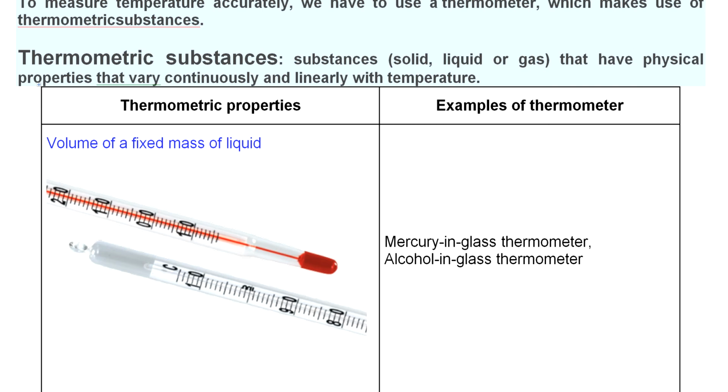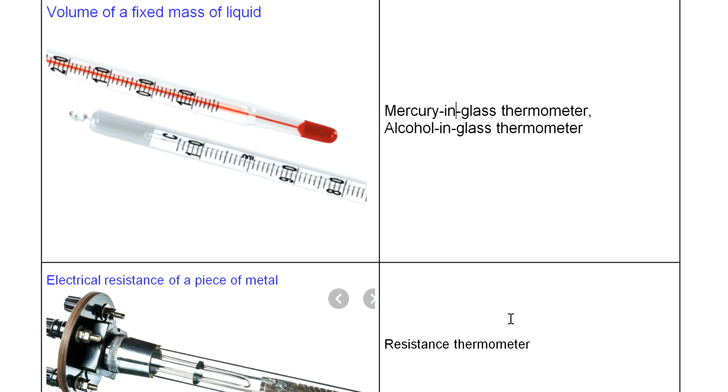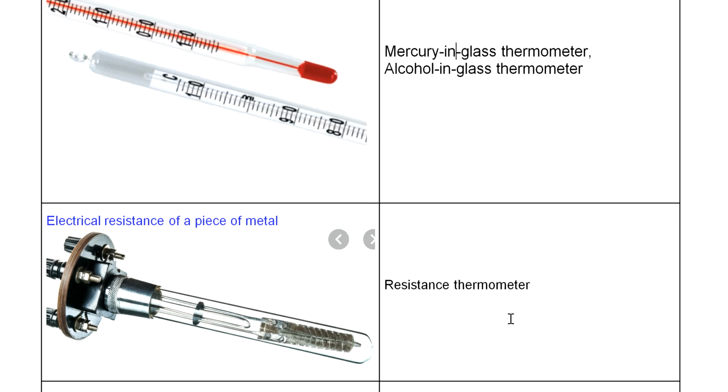So students, if we see next, there is another type of thermometer being represented, that is called electrical resistance of a piece of metal. Students, in this resistance of the thermometer will change. Resistance is a factor which changes the magnitude of current in a circuit.